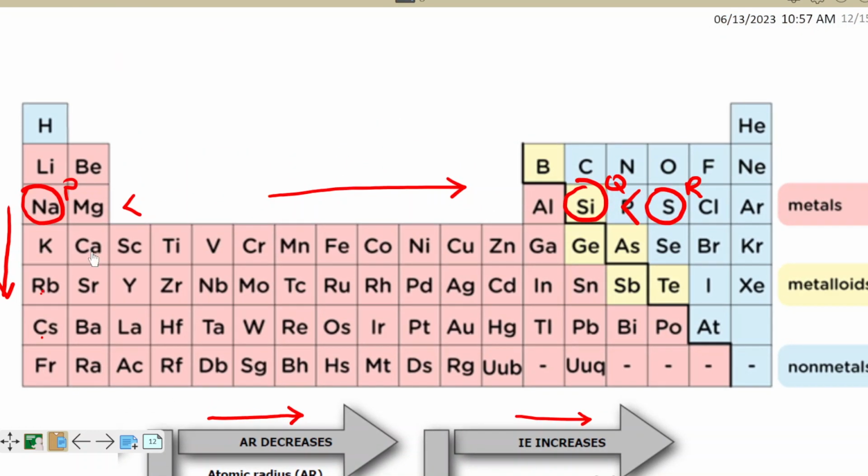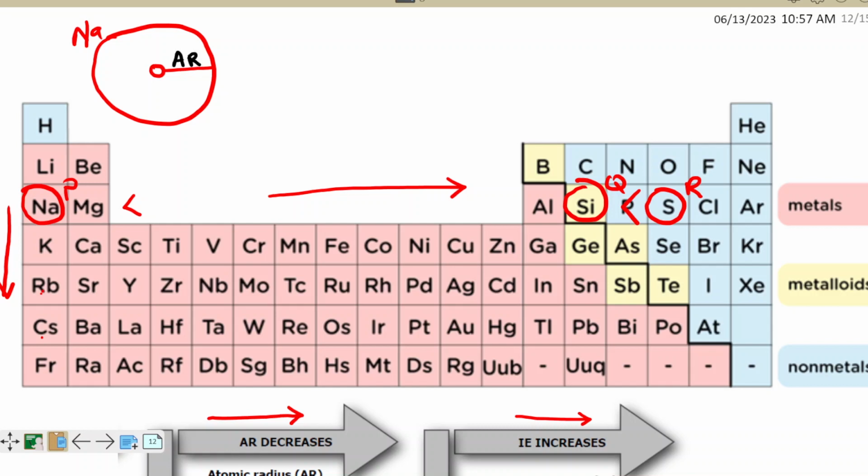If you look at sodium, the radius of a sodium is like this. From the nucleus of the sodium to there, that is the atomic radius.